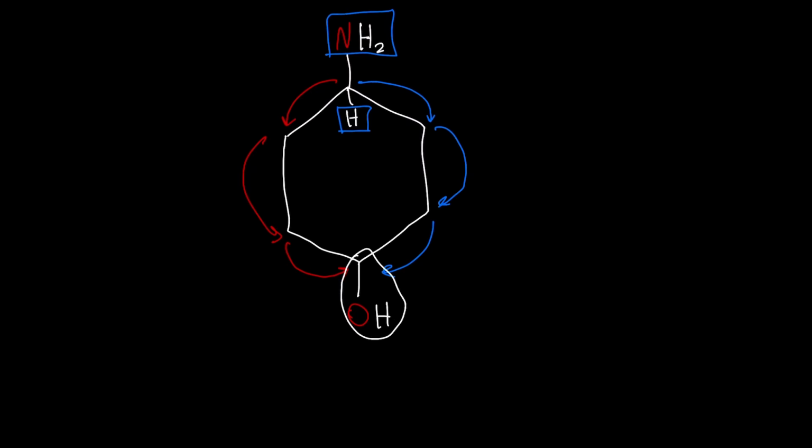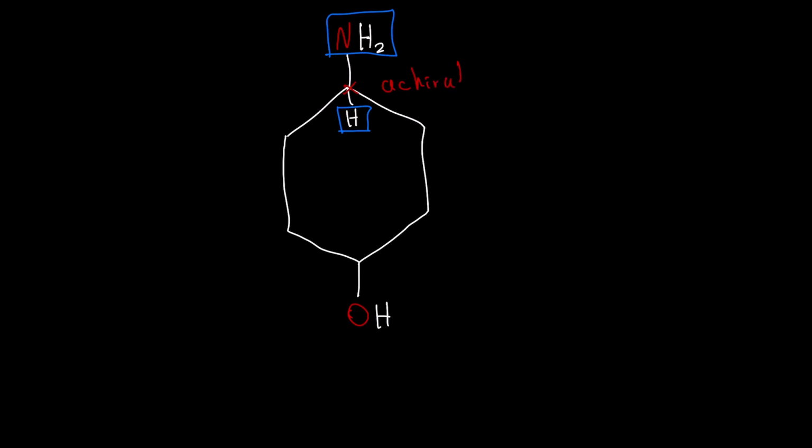So therefore, the two groups that this carbon is attached to are both the same, and since they're identical, it means this carbon has two identical groups, which makes it achiral. So that one's achiral in this case.